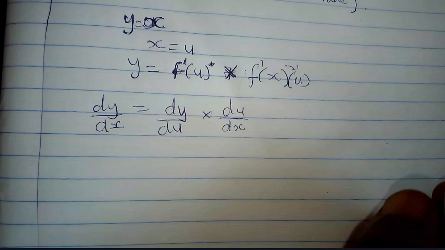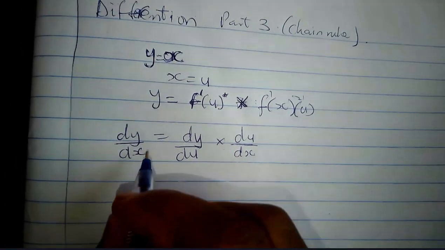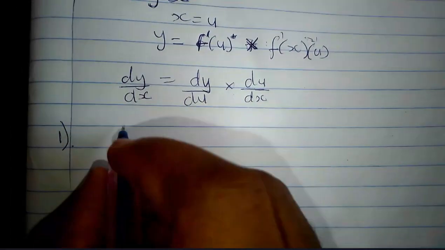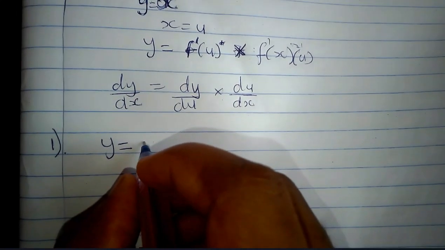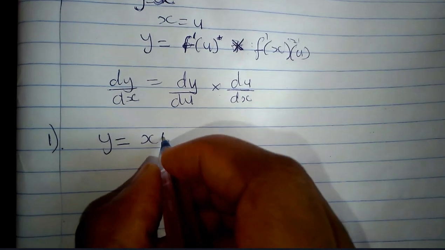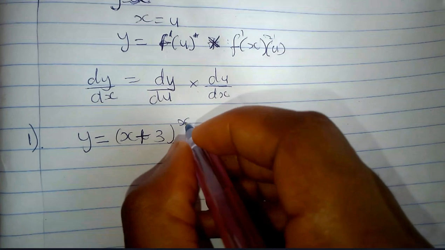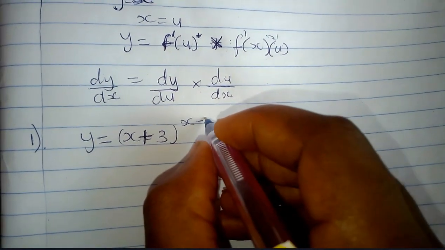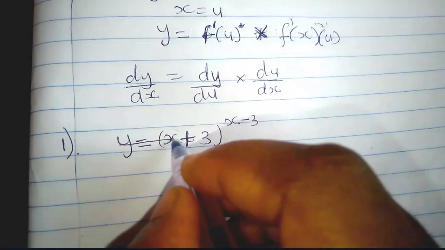So the first thing we're going to do is solve. If we are given a question, let's use an example to show you how this works. Let's say y is equal to (x + 3) raised to power... sorry, that's more complicated.